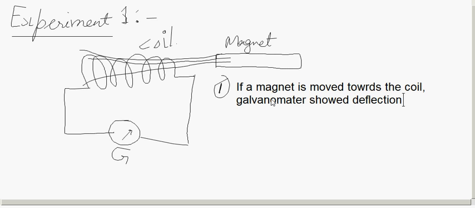This deflection indicates that there is an induced EMF and hence an induced current. Now, if the movement of the magnet is stopped, there was no deflection. That means that when the flux linking the coil changes, only then do we have an induced EMF and induced current.